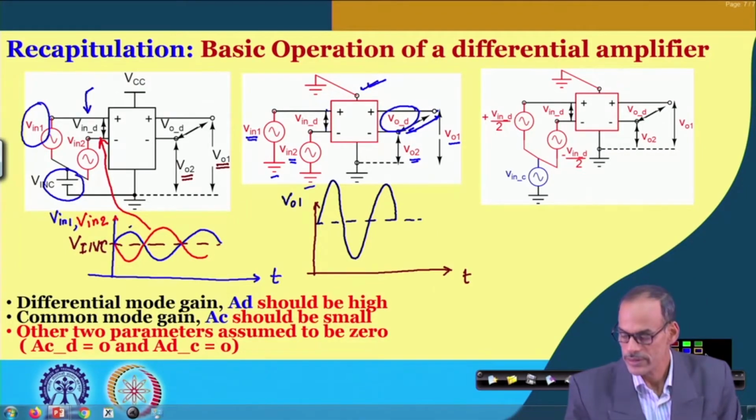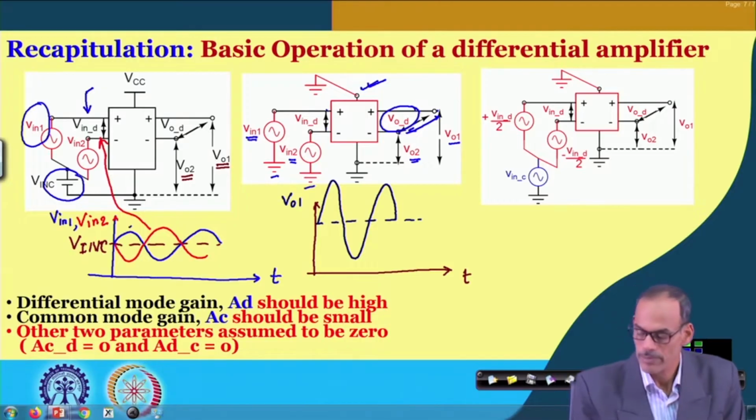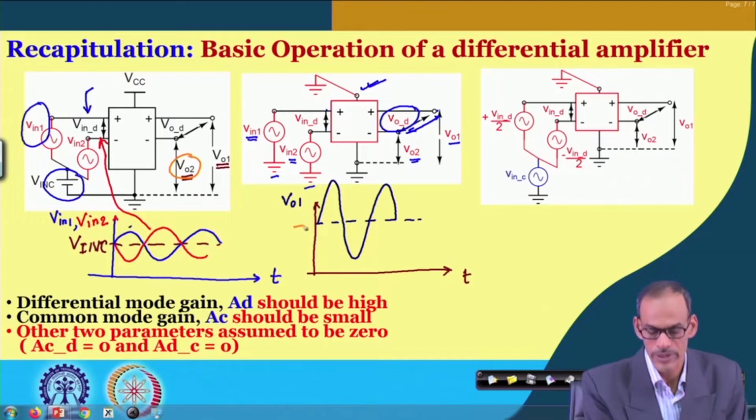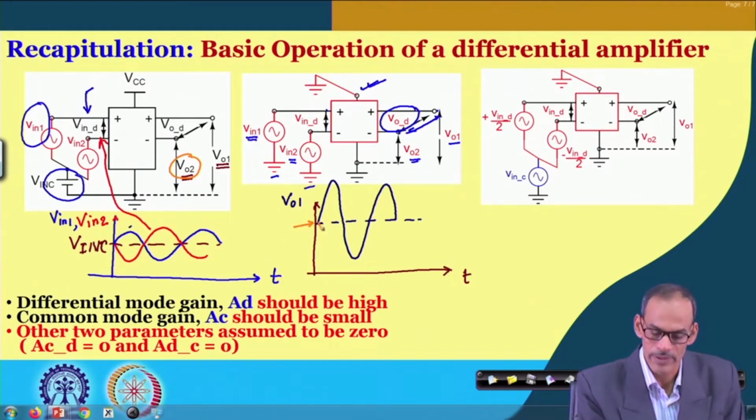At the other output, it will probably have the same DC level, and on top of that it will have the complementary signal.